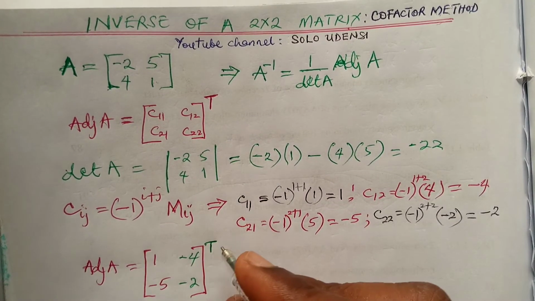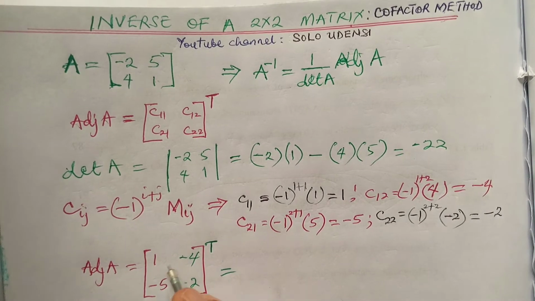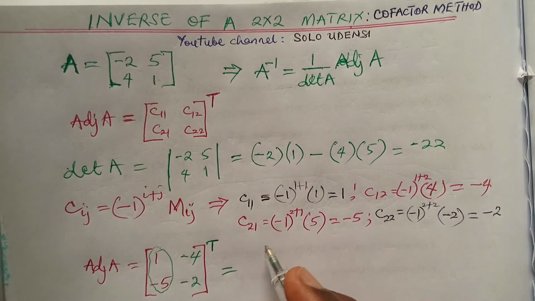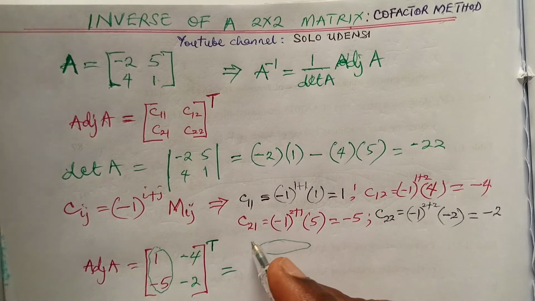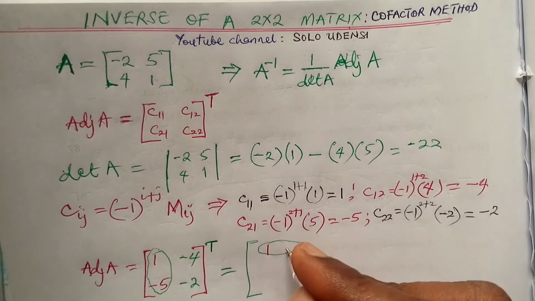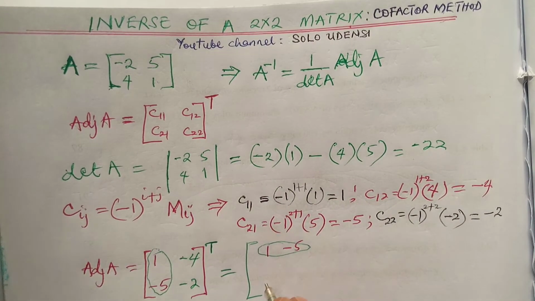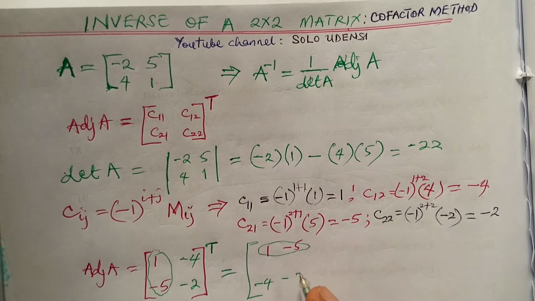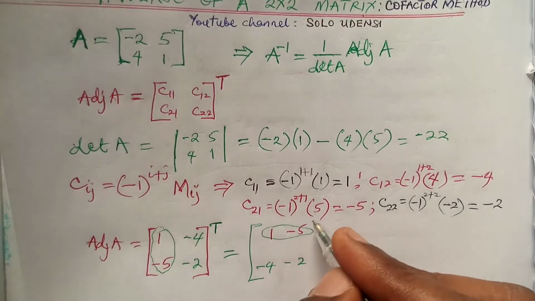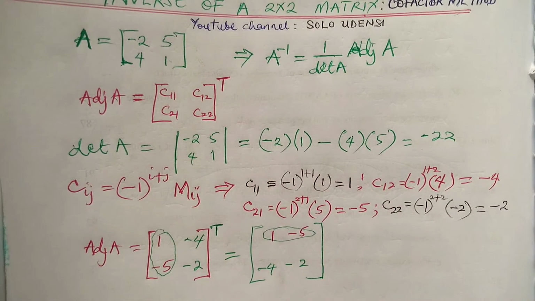If we transpose it, we will have 1, minus 5, minus 4, 2. So that's the adjoint.